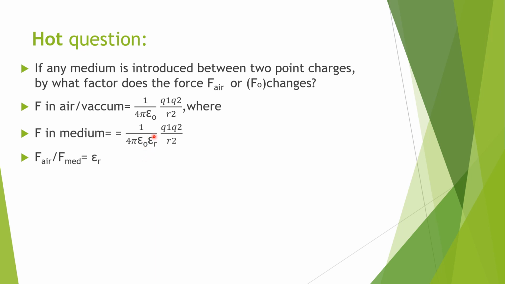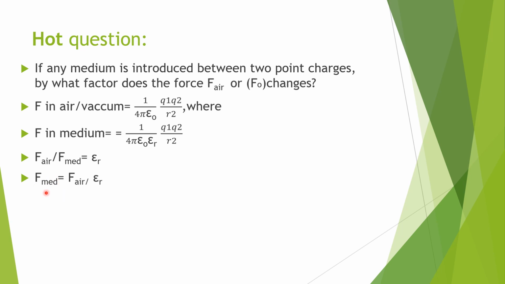So when we divide, epsilon R will come in the numerator and all other terms will cancel, so only epsilon R will remain. So F air by F medium is equal to epsilon R.